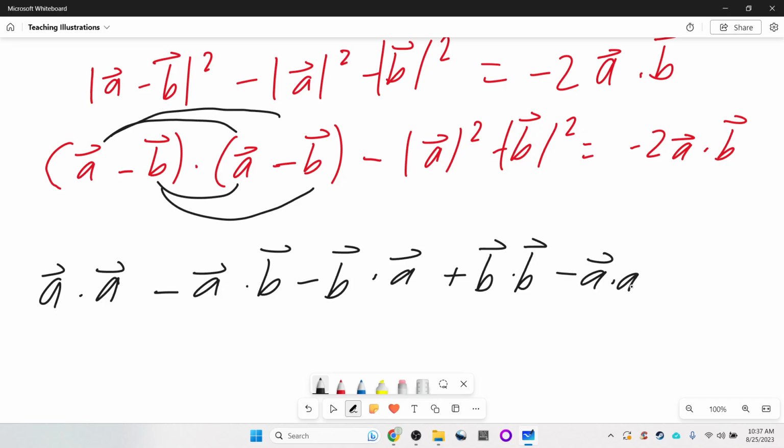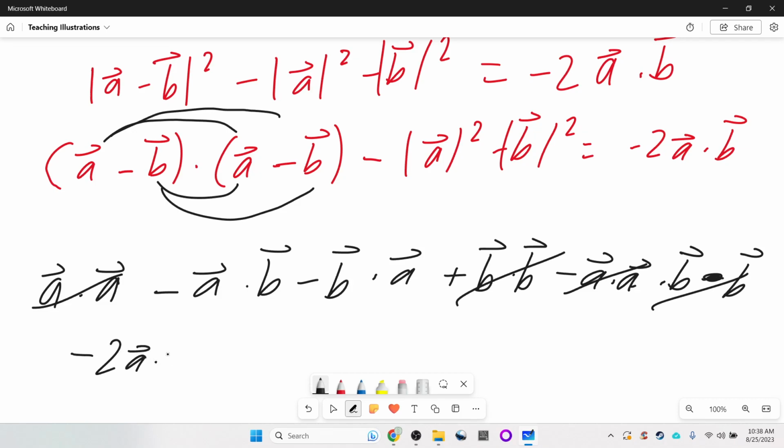A dot a minus b dot b, those go away. We're left with negative 2a dot b equals negative 2a dot b.